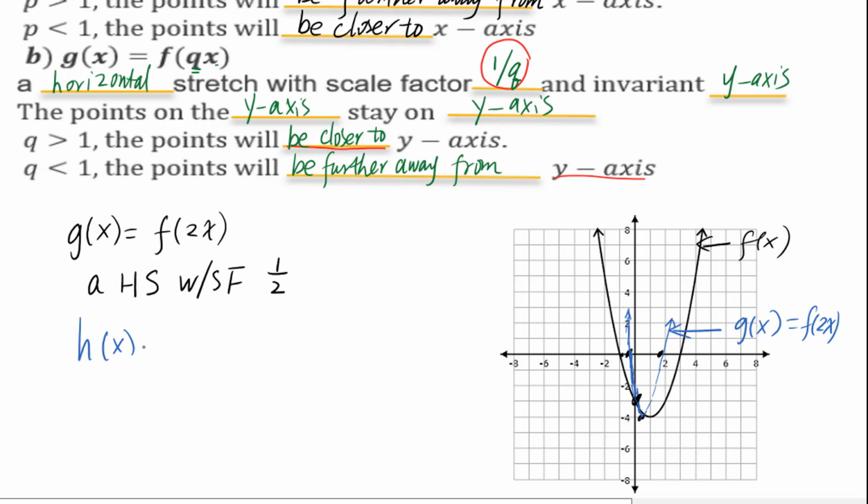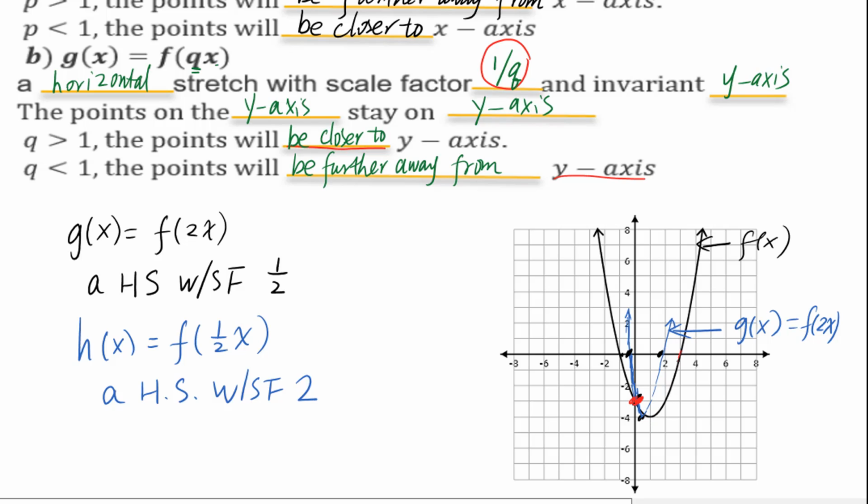Assume h of x equals f of 1/2 x. The transformation will be a horizontal stretch with a scale factor 2. All points on the f of x, the distance from the y-axis will be doubled. And remember, the y-intercept won't change.